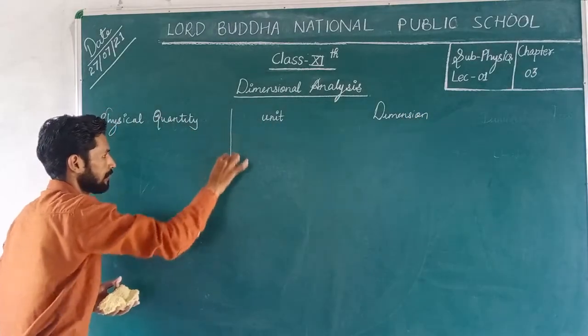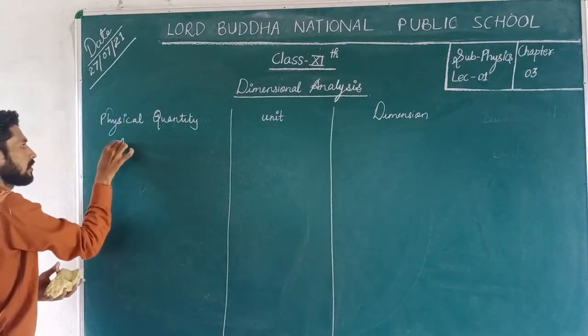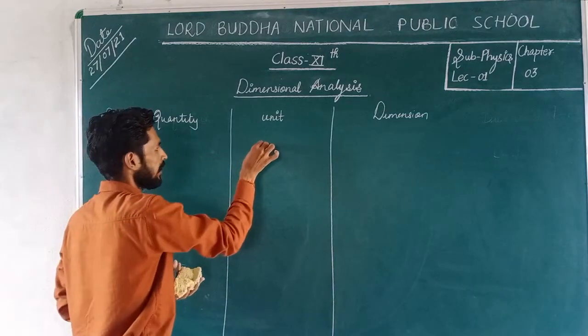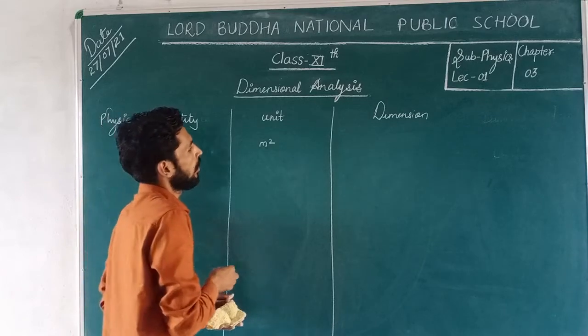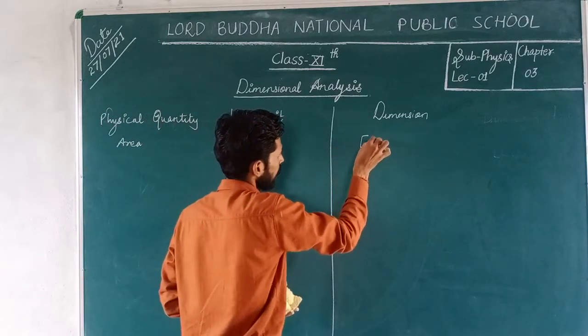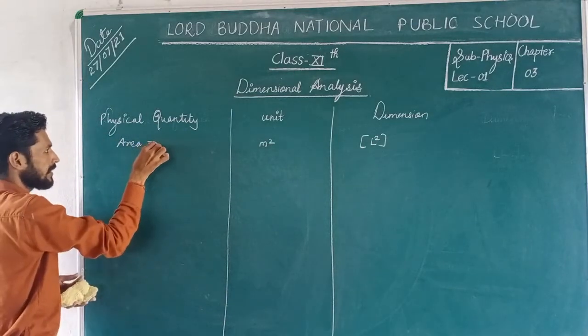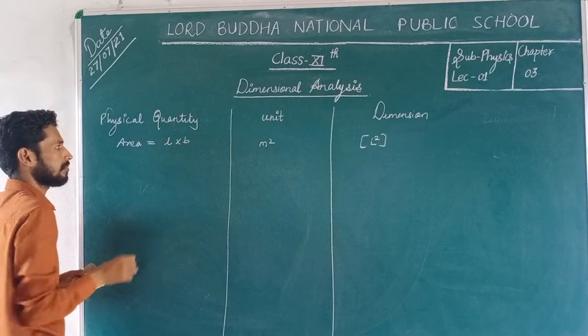For example, area, that is the physical quantity, and the unit is meter square. Okay, now the dimension is L to the power 2, and this is equals to length into width.